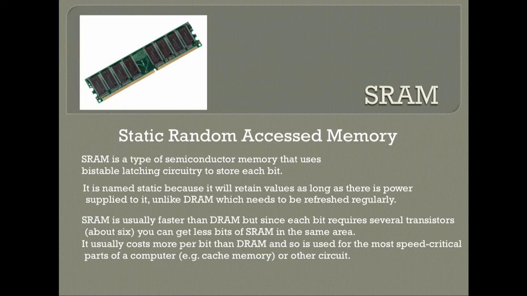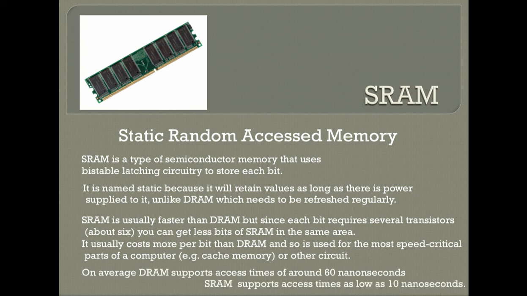And it usually costs more per bit than DRAM, so it's only used in the most speed critical parts of a computer, like the cache memory and other important parts of electronic devices. On average, DRAM supports access times of around 60 nanoseconds, where SRAM supports access times as low as 10 nanoseconds. So you can see an obvious speed increase in SRAM versus DRAM.